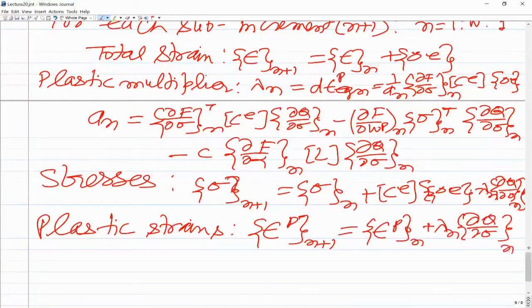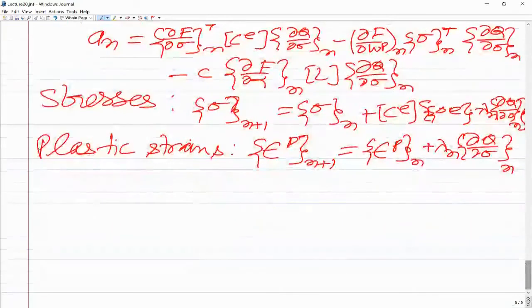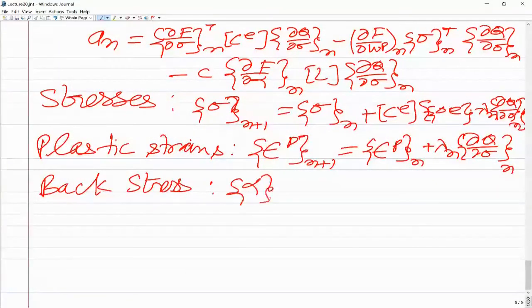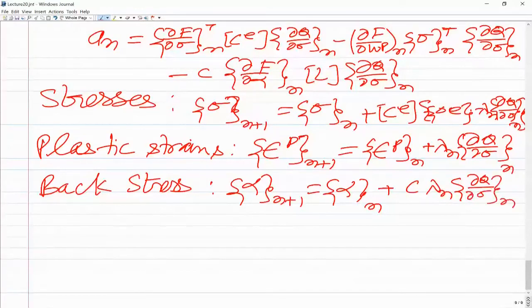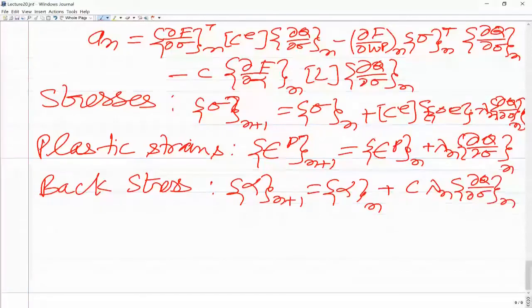And then you also update the back stress and the plastic work. So back stress, alpha at the current substep, is equal to alpha in the previous substep plus c into lambda n into del q by del sigma n. No, I think I missed something.